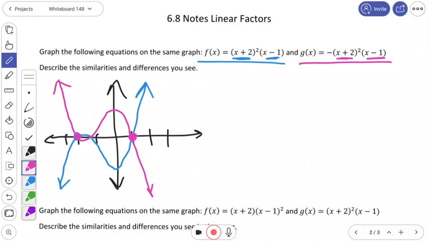So we can tell by having the same factors that our graphs have the same x-intercepts, but our end behaviors are different. It looks like our graph was reflected across the x-axis. So what made that happen? If you look at this negative symbol out in front, we can tell our graph was reflected across the x-axis.